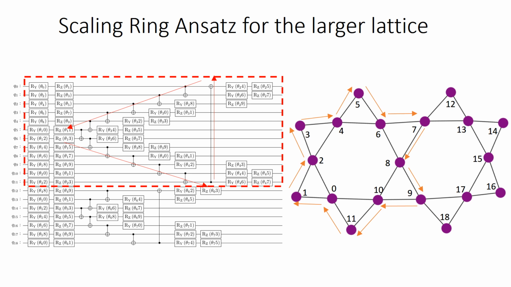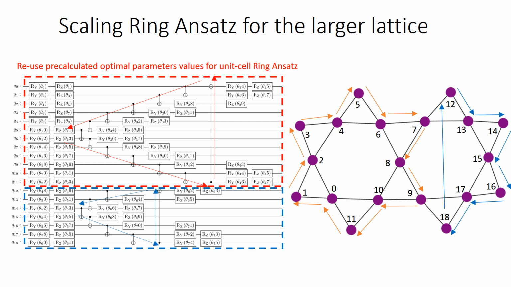The upper part maps to the left unit cell, which can be separately optimized with the pre-calculated optimal parameter values as discussed before. The lower half of the circuit maps to part of the Kagome unit cell on the right, whose parameters can be separately learned and optimized.